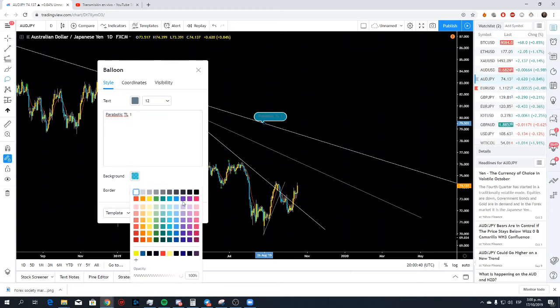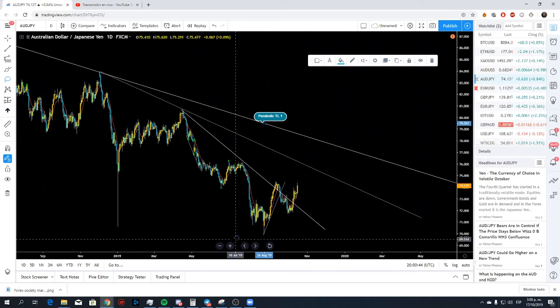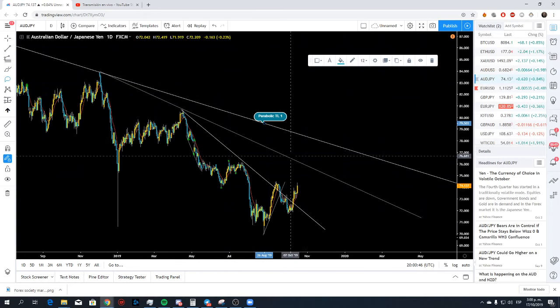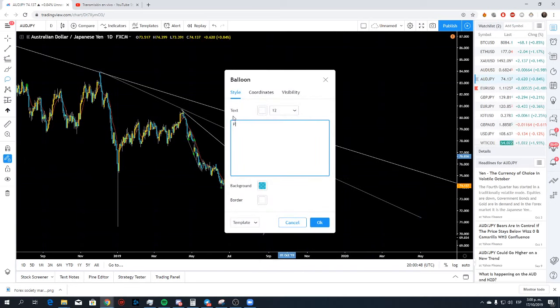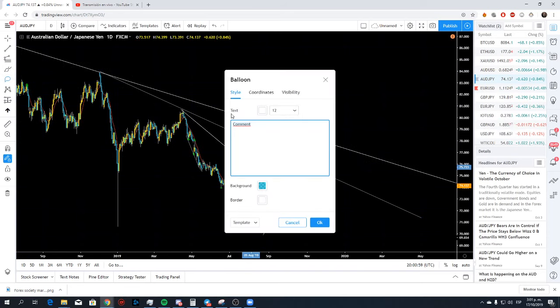Okay, we got this and this. Got our first parabolic trend line. Here we got our second parabolic trend line, and this third one, which is the one that is giving me one of the confirmations that price is going up.